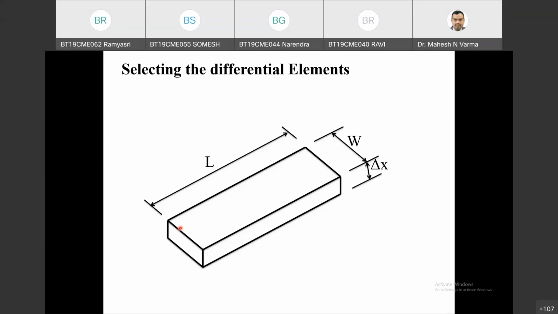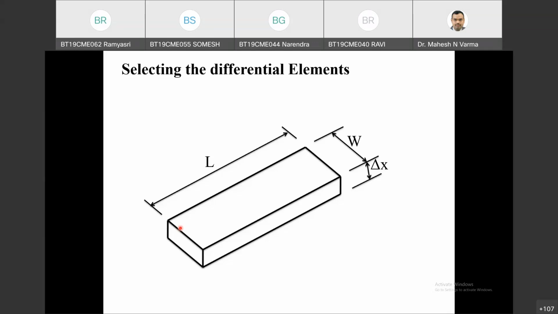You should not select delta x, delta y, delta z all the time. Unnecessarily, you will be adding complication, a differential equation in all directions, which adds mathematical complication. If my properties are constant in some direction, why select a differential element? You will take the total boundary dimensions. So I will take a differential element only in the direction where properties are varying.